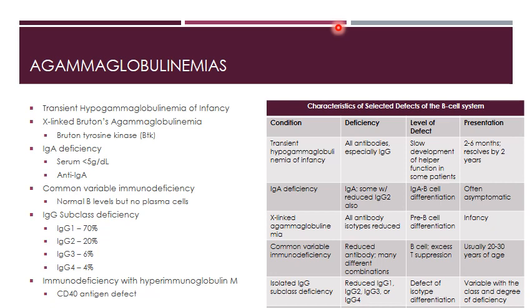IgA is not as important in our primary immune response, in our ability to ward off infection, as IgG is. And so you're going to see different clinical signs depending on how deficient the patient is and exactly which clone is missing.